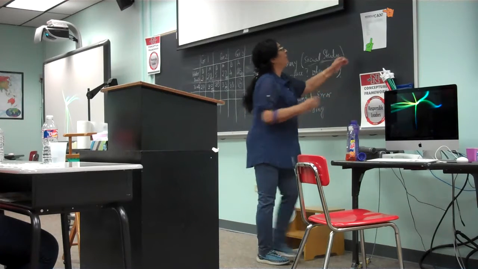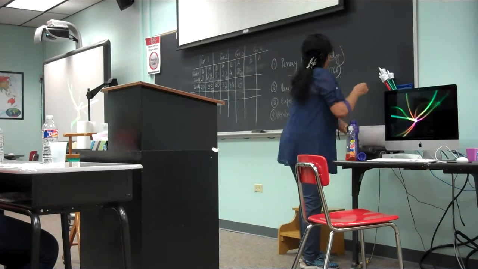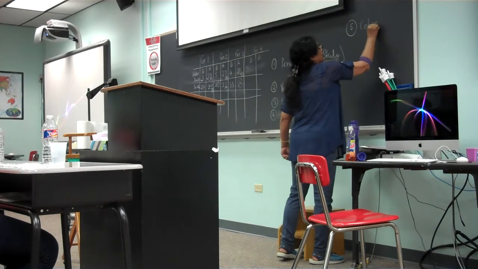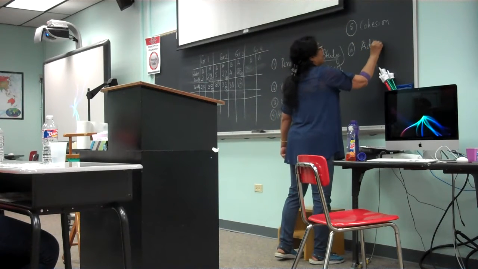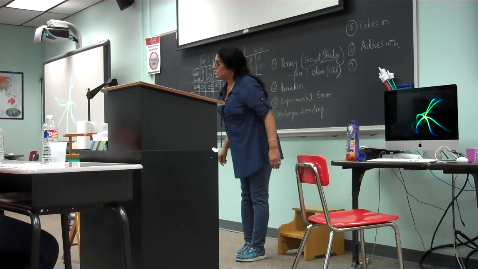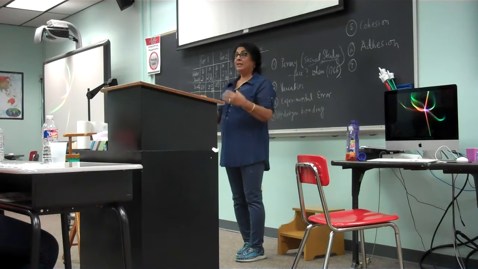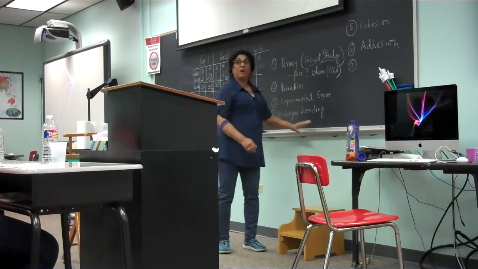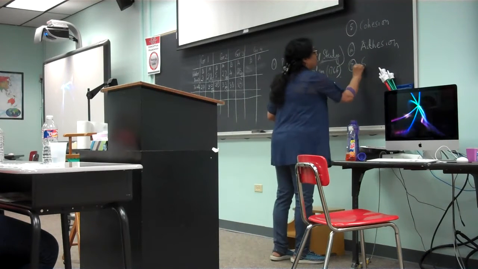Number 4, number 5, cohesion. Then number 6, adhesion. Then number 7, we call it surface tension. The whole thing that you observed was a combination of cohesion, adhesion, and hydrogen bonding, and the result is surface tension.